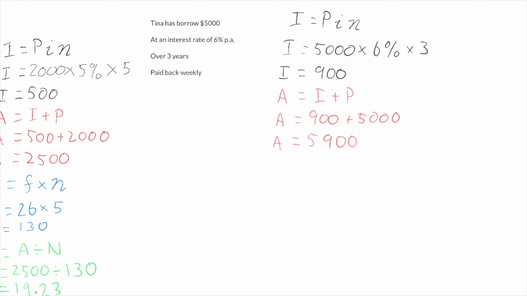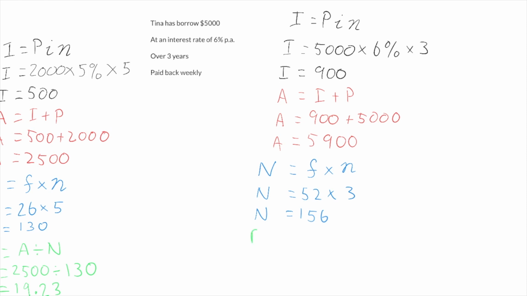Now, again, a different color. Let's go. The number of repayments equals the frequency that we're going to be paying it times the number of years. So N equals how many weeks in a year? That is 52 times 3 years for our loan. So the number of repayments is equal to 156 repayments over the course of that loan.